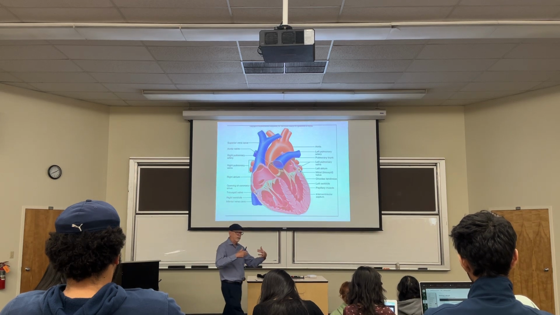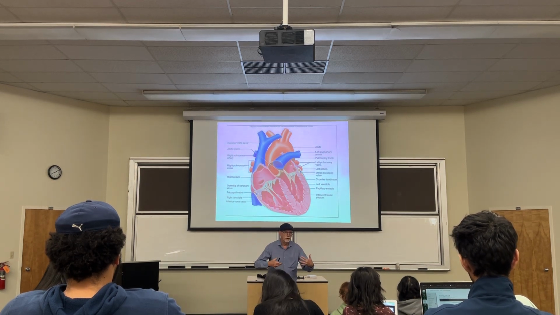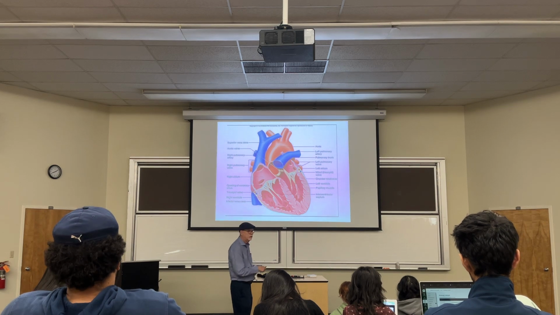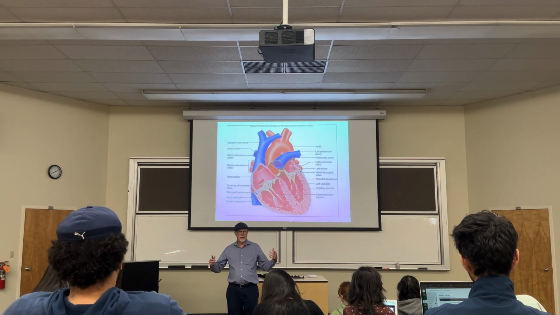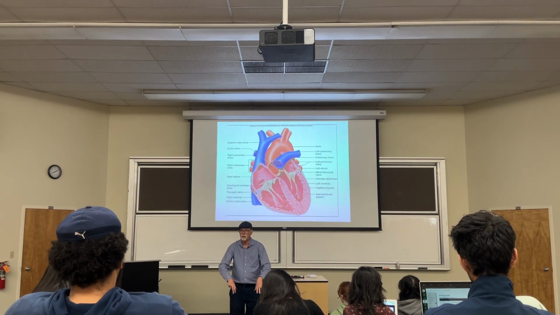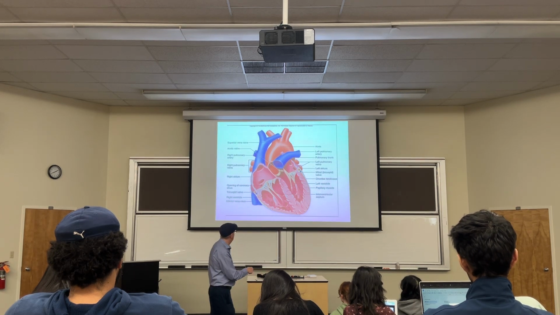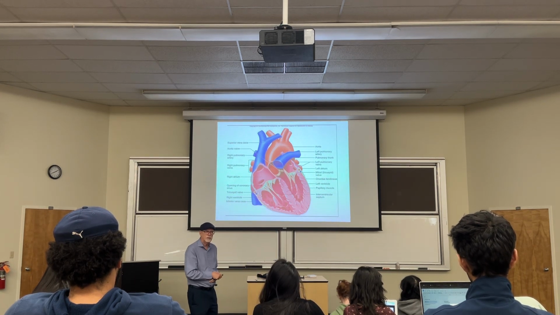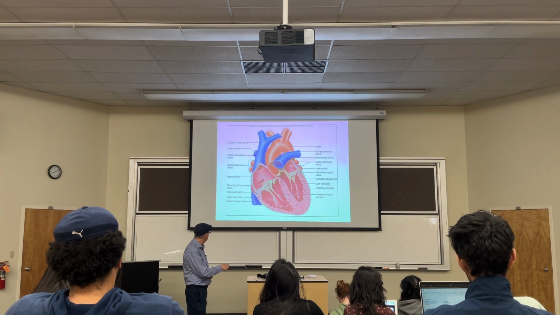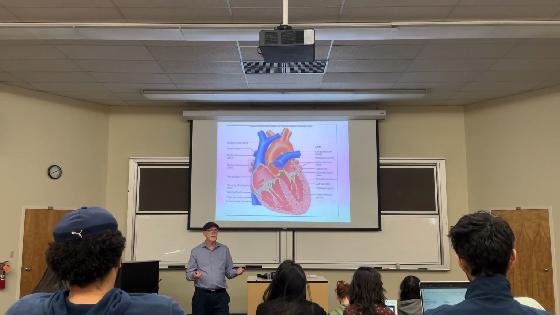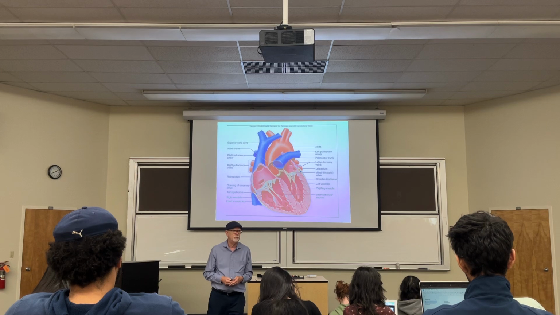When we're filling up the heart with blood, we're filling up the ventricles. What happens is, as the blood is returning into the atria, the right and the left, it goes right through the open AV valves and fills up the ventricles about 70%, about 2/3.